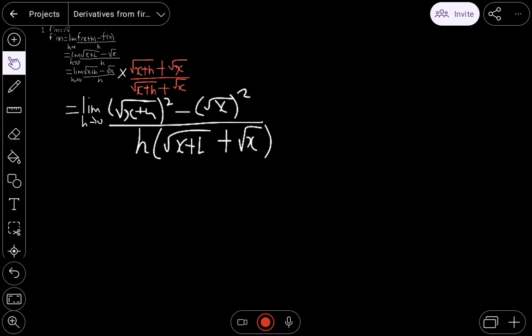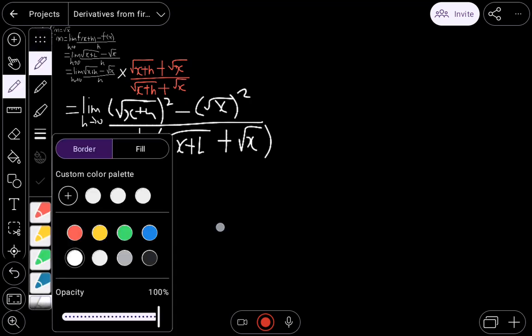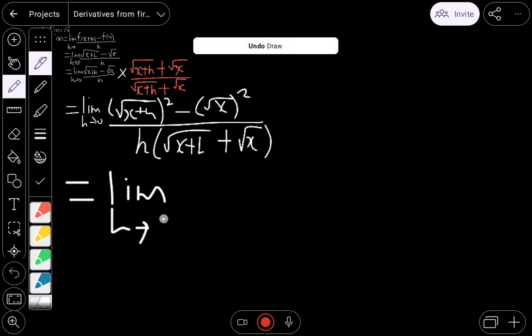So this becomes, again, the limit when h tends to 0 of what?